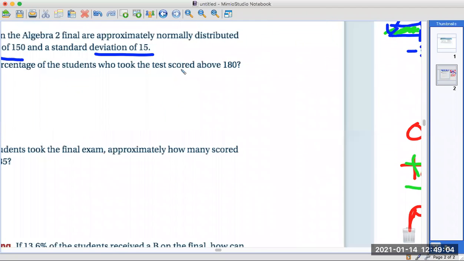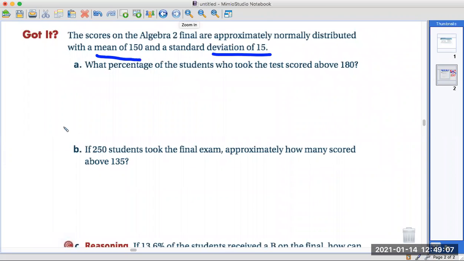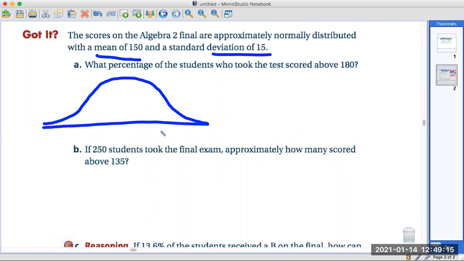So I'm going to draw a sketch of a bell curve. It doesn't matter how high you draw it. I have my average in the middle, since it's normally distributed: 150. So the average score is 150, and that goes in the middle. Then a standard deviation of 15.